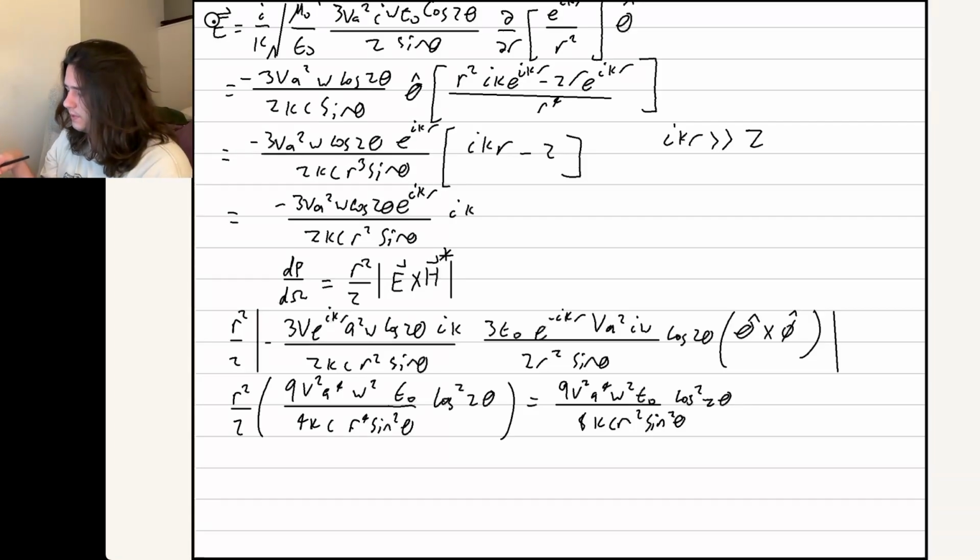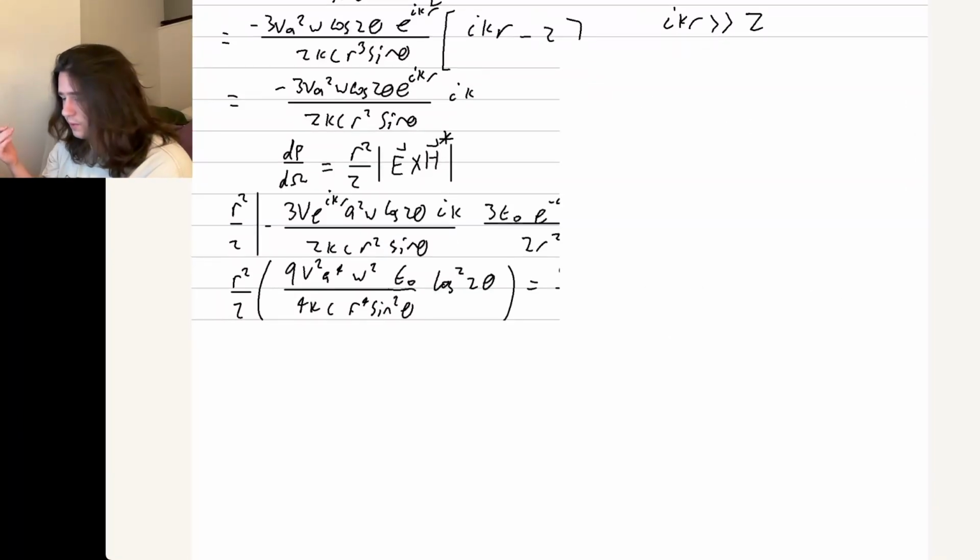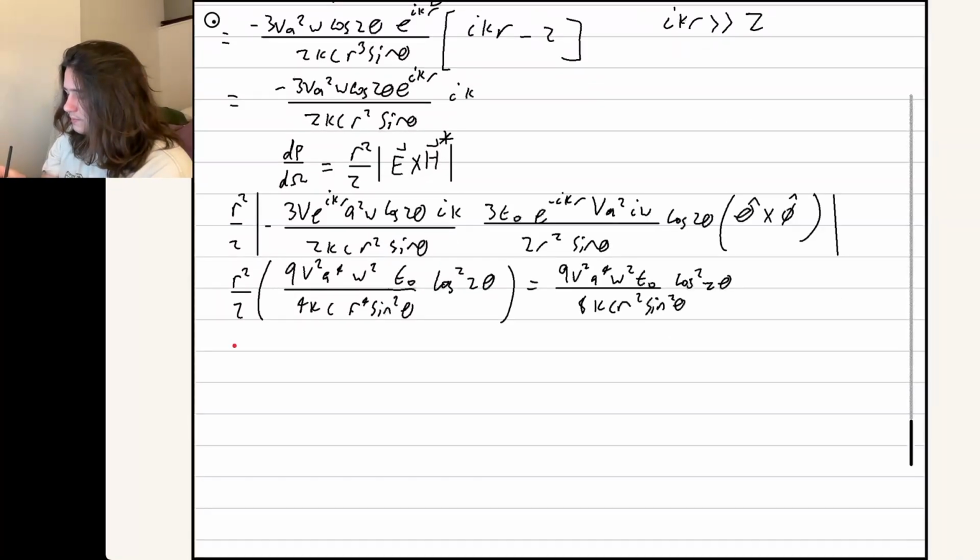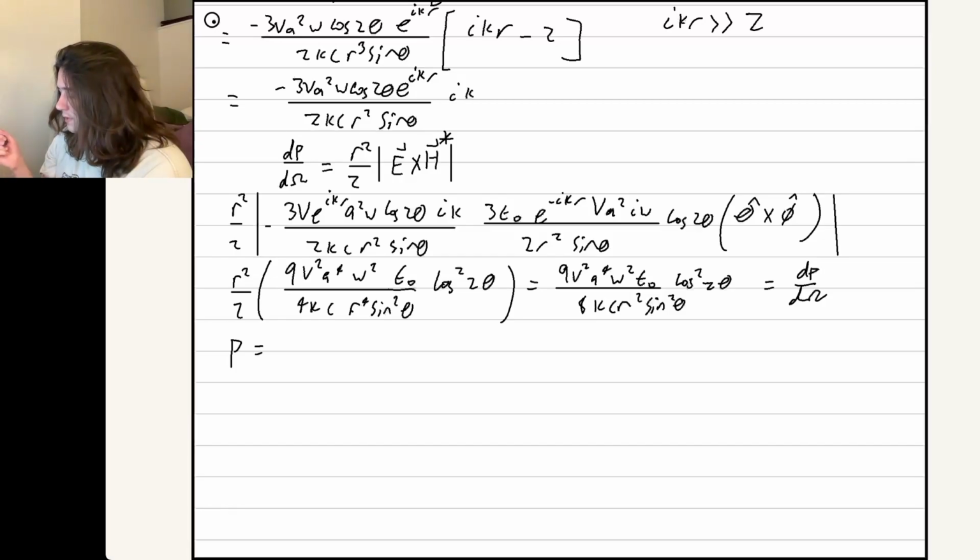Cool. Then we can find the total radiated power by integrating over solid angle. So that was dP d omega. P then will just be the integral of that stuff over phi and theta. So, I mean, there's no phi dependence in here, so you'll end up with an overall factor of 2 pi, I think. And then we have to integrate the theta dependent stuff.